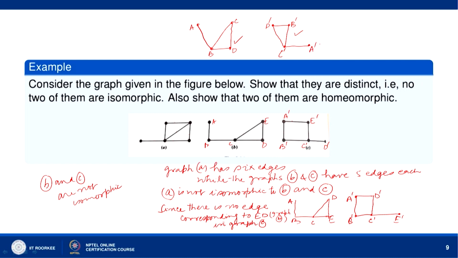So, let us consider these two graphs, then we can see that there is a one-one correspondence. We can define a mapping F where F takes A to A dash, B to B dash, C to C dash, D to D dash.